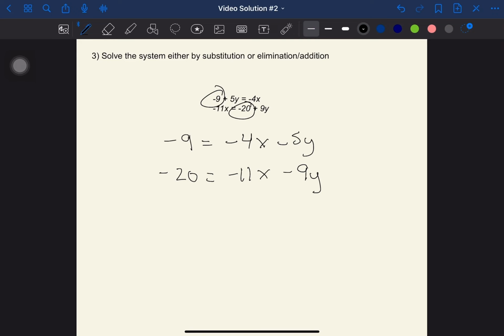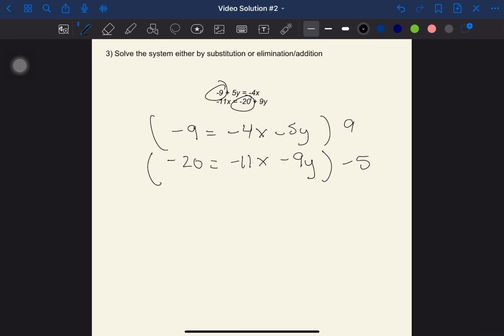So in order to use elimination, we do have to have either the x or the y be the same number, top and bottom, but have different signs. So in this case, I am going to use the y values and multiply them so they equal the same number. We're going to multiply the top by 9 and the bottom by -5.